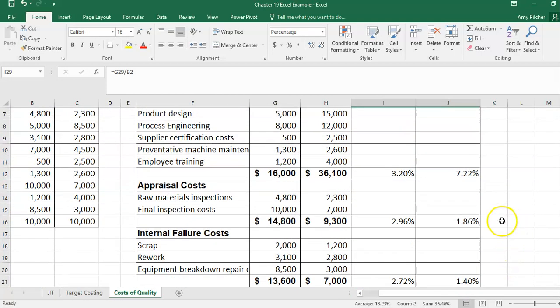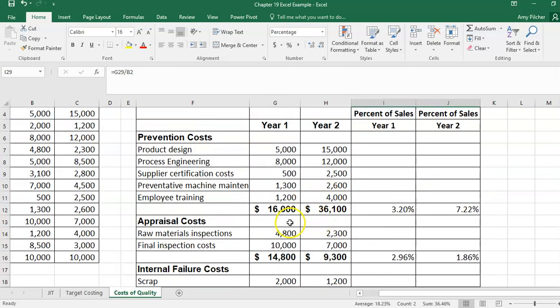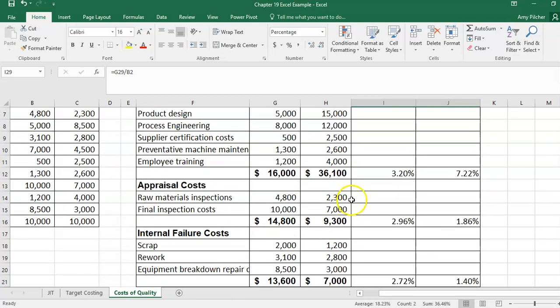Well, what we want to know is what changes did we have in our cost of quality and how did it impact the other items that we had? Well, we can see here that we more than doubled our prevention costs from year one to year two. The effect that it had is that we dropped the amount of money we were spending on inspections.